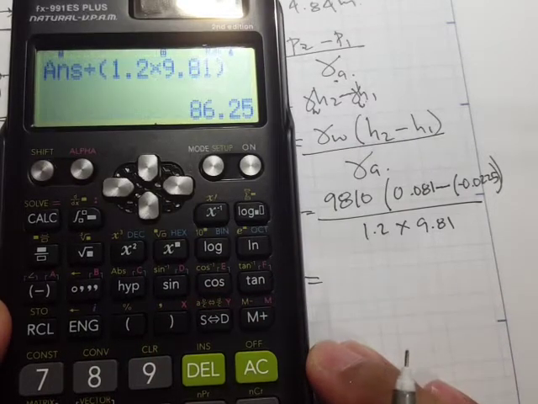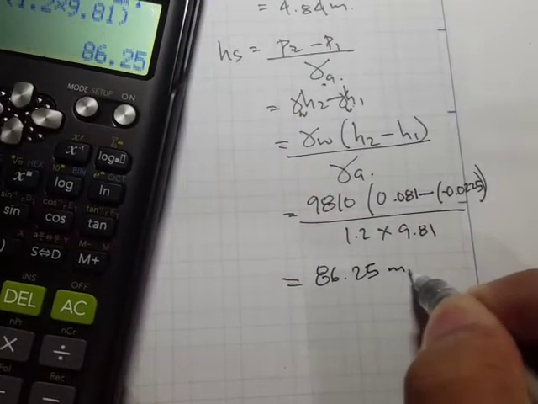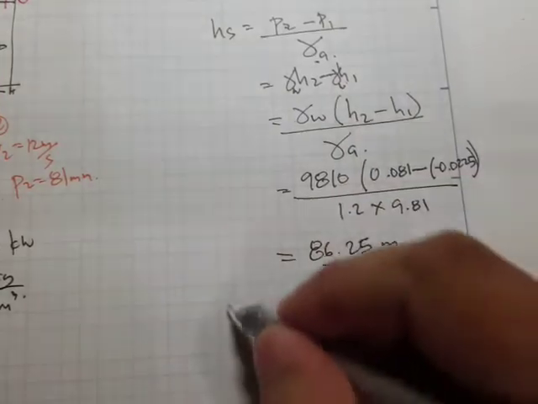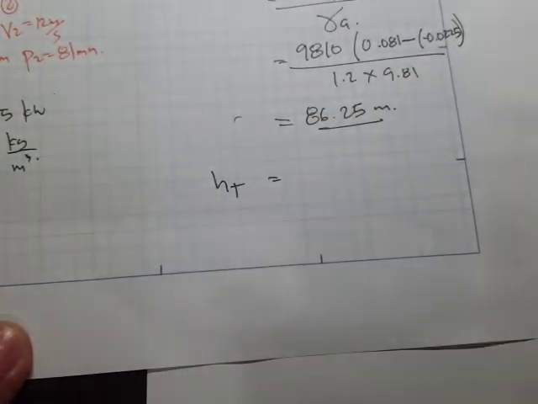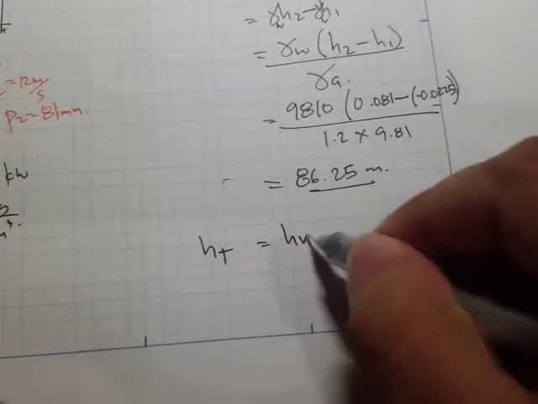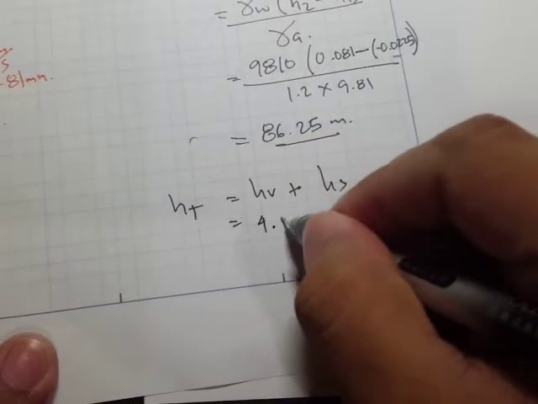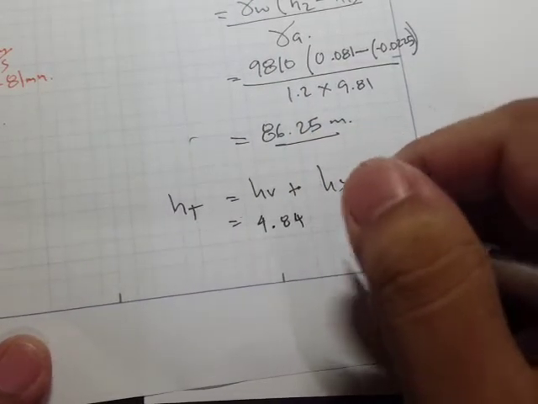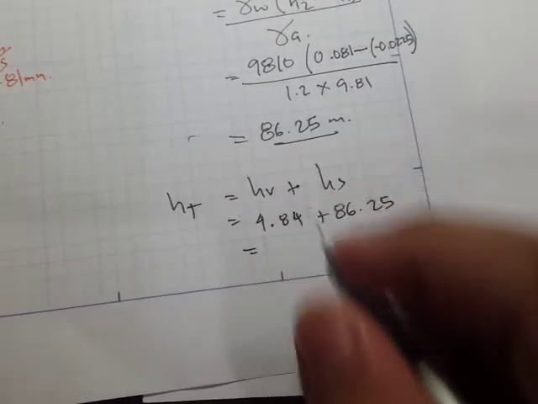and this is 86.25 meters. Right, so therefore the total pressure is HT is equal to HV plus HS, which is simply 4.84 plus 86.25 meters.